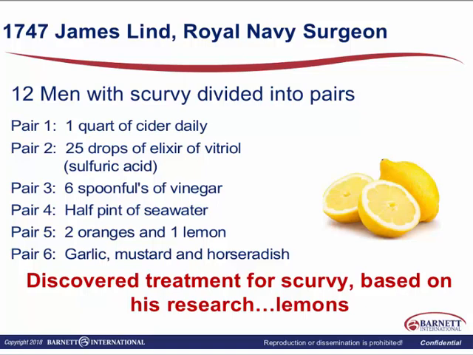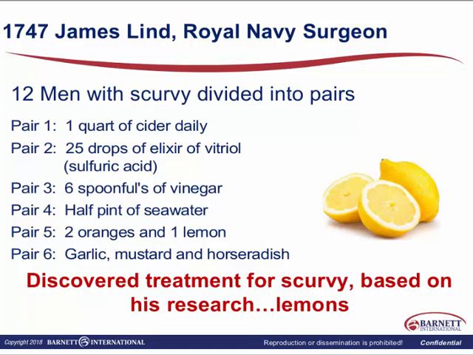Also, we can look at another historical document where James Lind, a Royal Navy surgeon, conducted a clinical trial that revealed that citrus was a cure for scurvy among sailors in the Royal Navy. He looked at how he could provide various groups of men, so 12 men with scurvy, which was a disease of the gums, and he said, I'm going to set you up in pairs and give you a treatment.